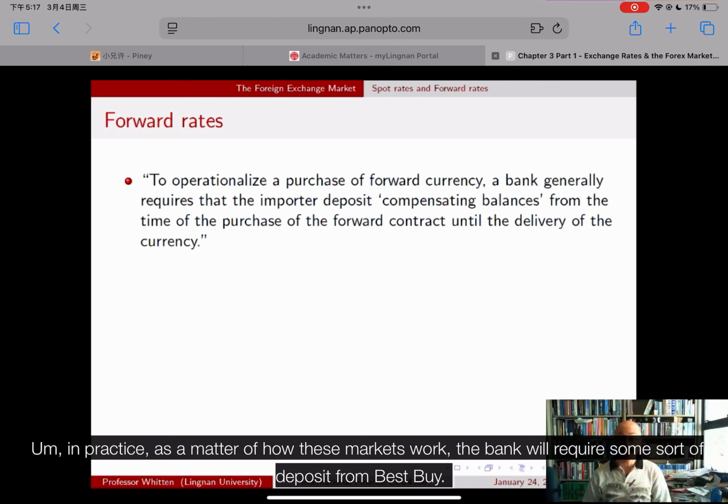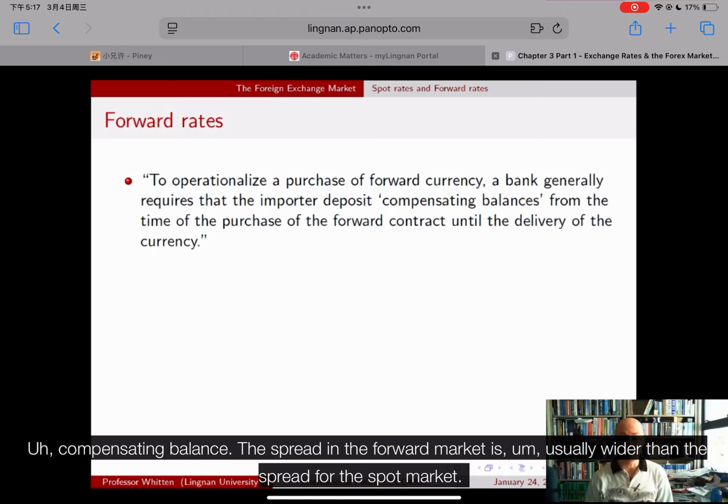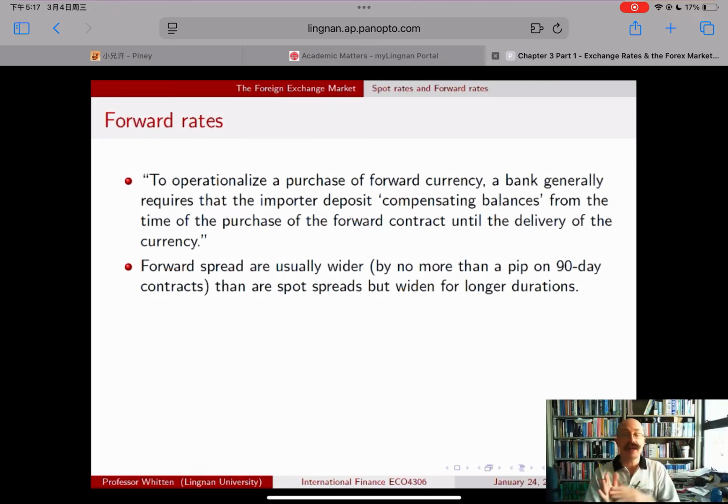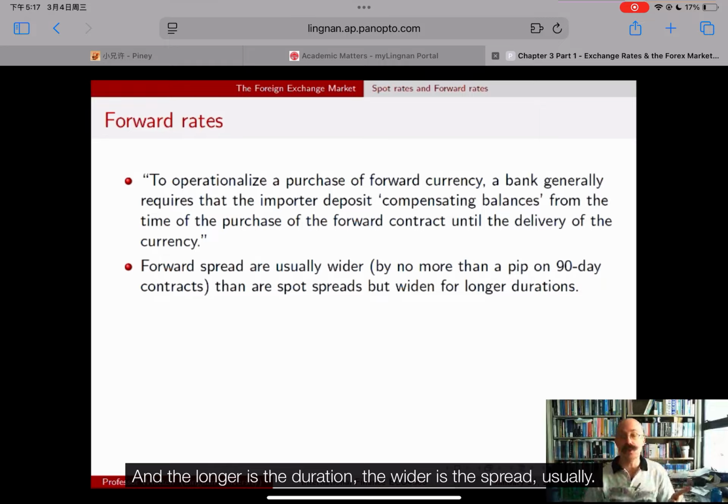In practice, as a matter of how these markets work, the bank will require some sort of deposit from Best Buy, compensating balance. The spread in the forward market is usually wider than the spread for the spot market, and the longer is the duration, the wider is the spread, usually.